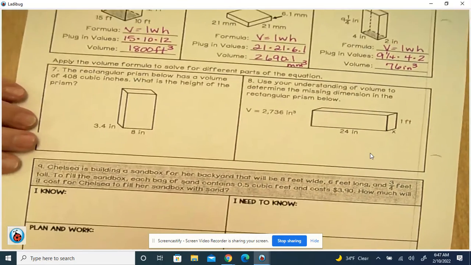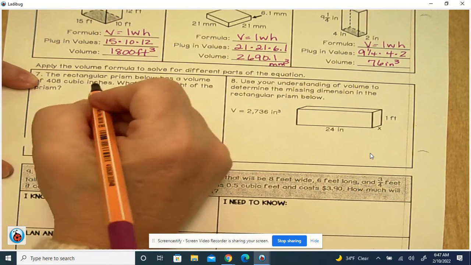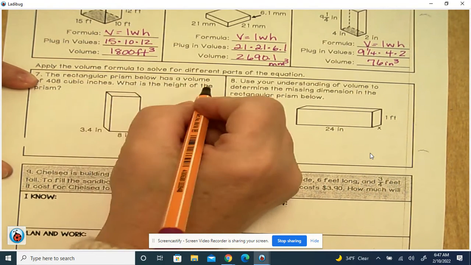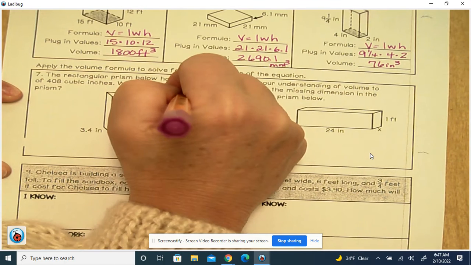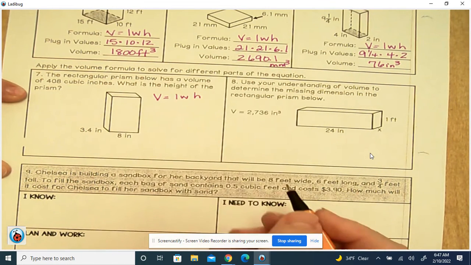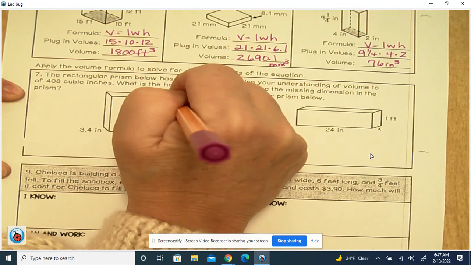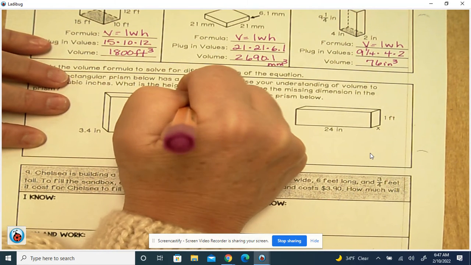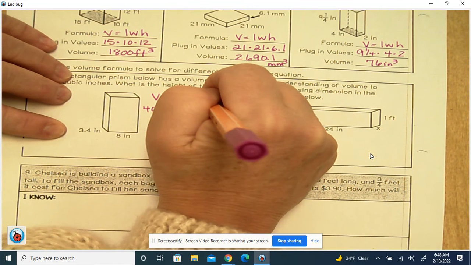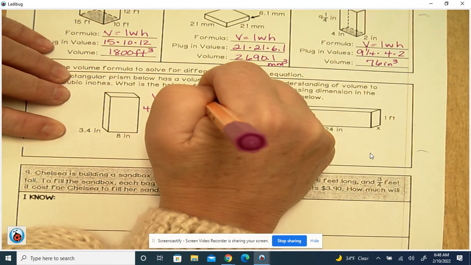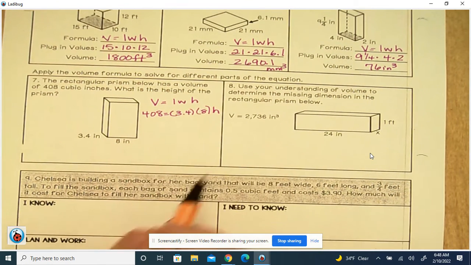All right, down here, a rectangular prism below has a volume of 408 cubic inches. What is the height of the prism? So we know that the volume is equal to the length times the width times the height. We don't know the height, but the volume is 408. The length is 8, the width is 3.4, and we're looking for the height.